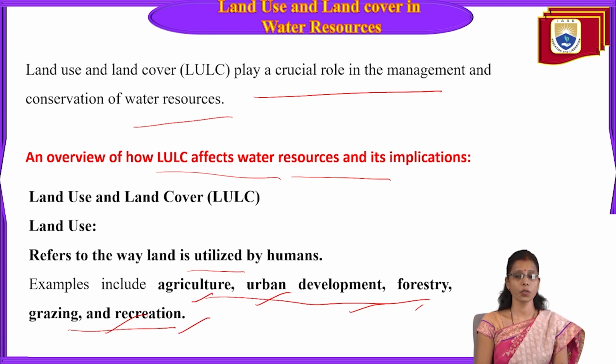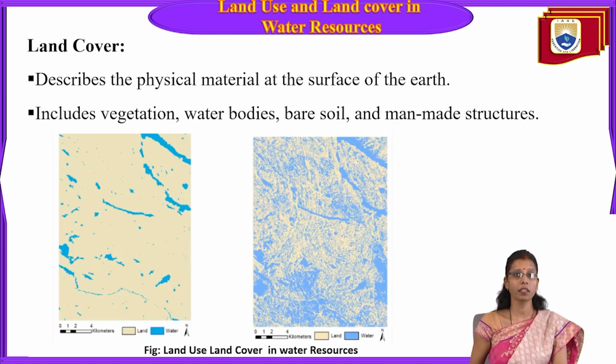Land use and land cover. If you talk about agriculture, the area which is utilized for agriculture is utilized by humans. Urban development is developmental activities that take place as urbanization, as I told you, and forestry, grazing activities, and recreation come under land use.